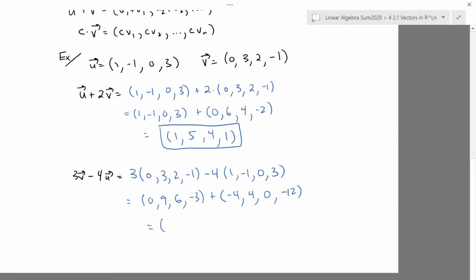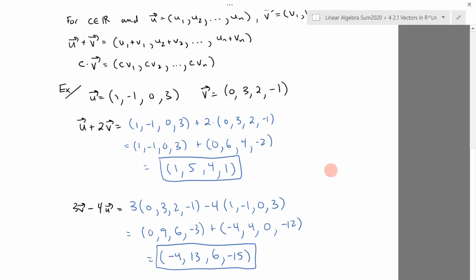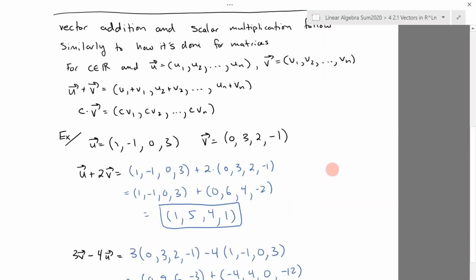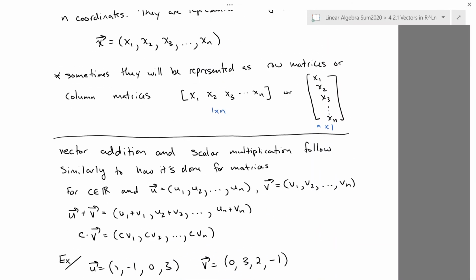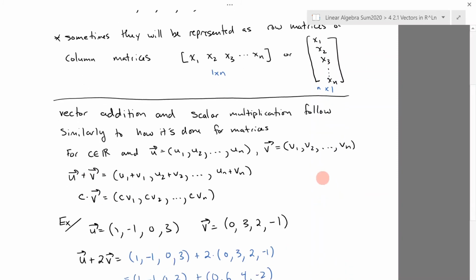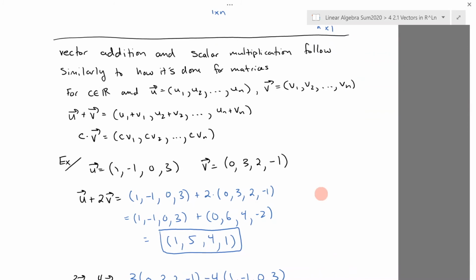Now I add them together, so 0 plus -4 is -4, 9 plus 4 is 13, 6 plus 0 is 6, and then -3 plus -12 is -15. Okay, so again, in Rn, the operations of vector addition and scalar multiplication follow essentially the same way.